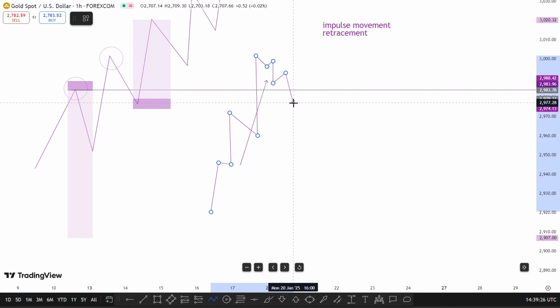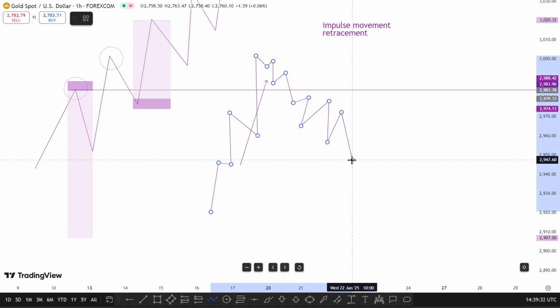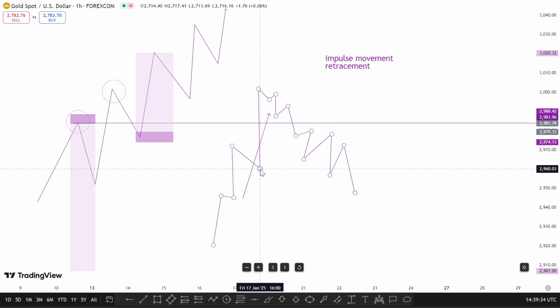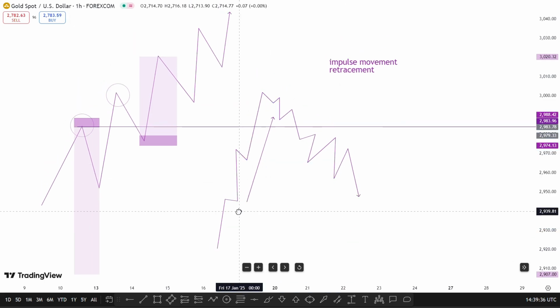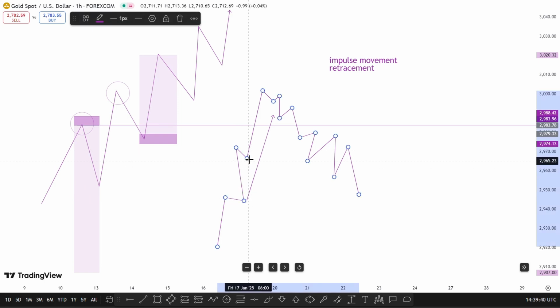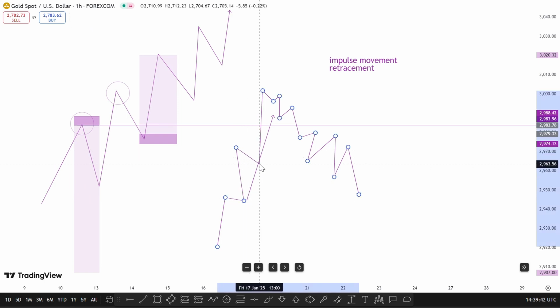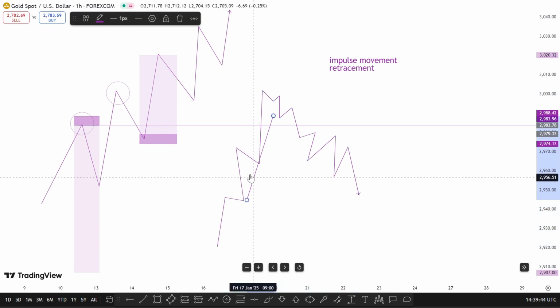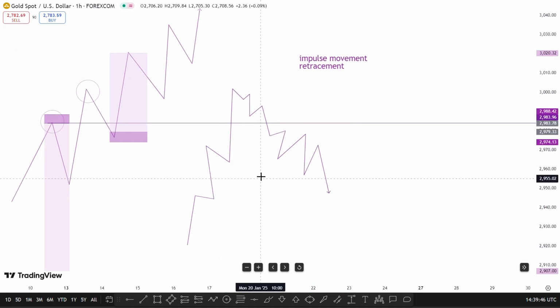Note, when the market is retracing, it always creates a pattern for you. You will always spot it in the market. Whereas the impulse movement just moves significantly. You feel me?